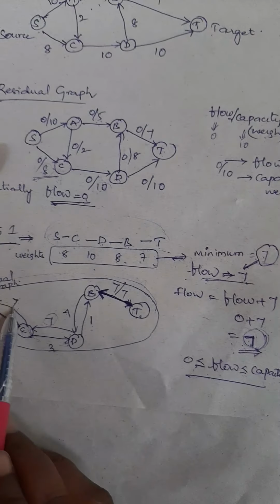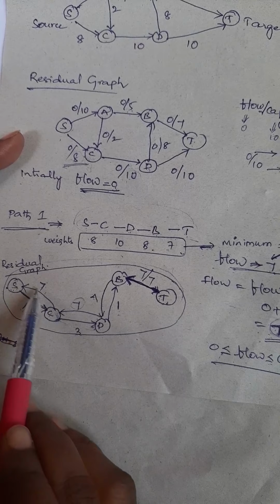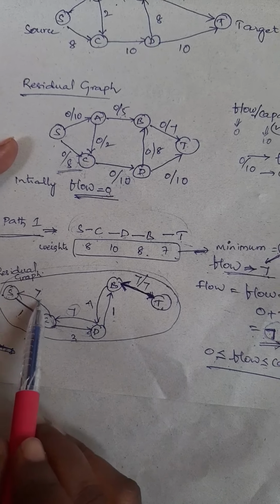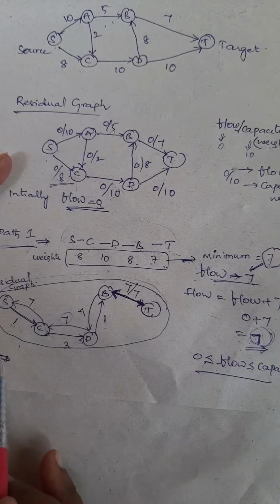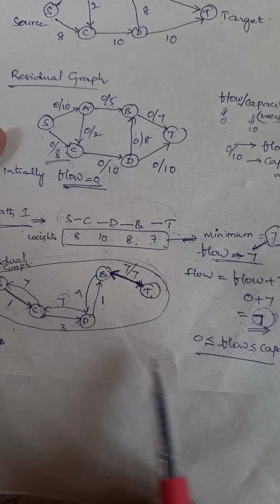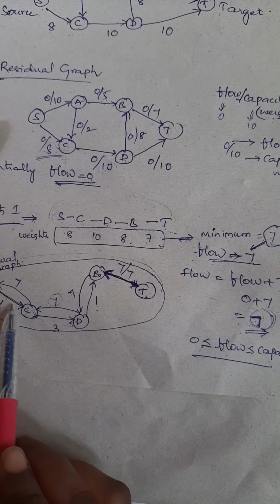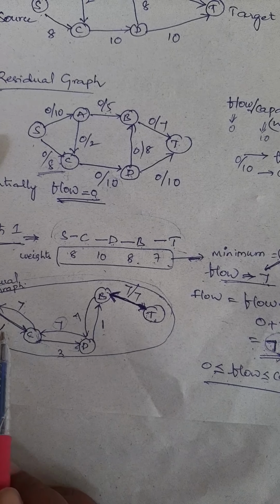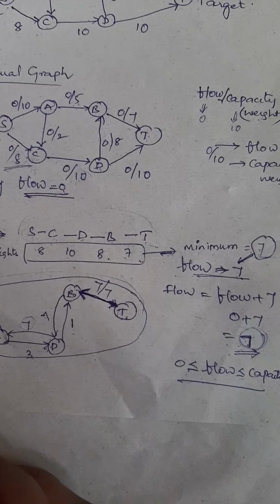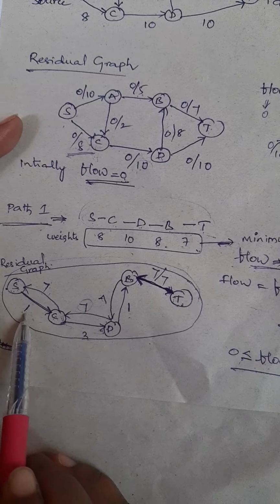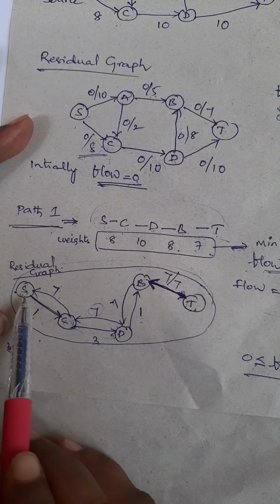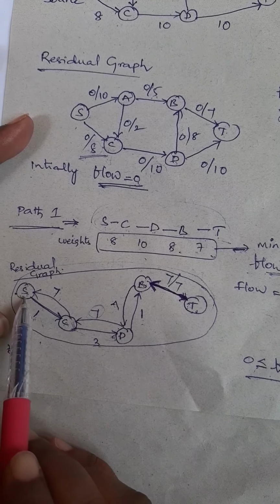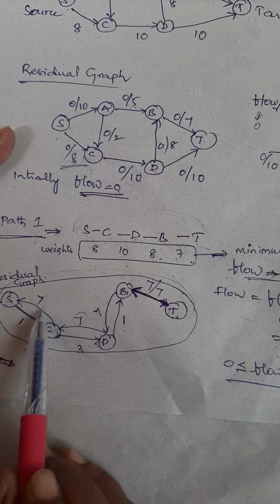The weight of that edge must lie between 0 and the flow value. So how am I deriving 7 and 1? C to S is 7 and S to C is 1. So 7 plus 1. Anyway, we are traversing from source to C with 8 weightage.